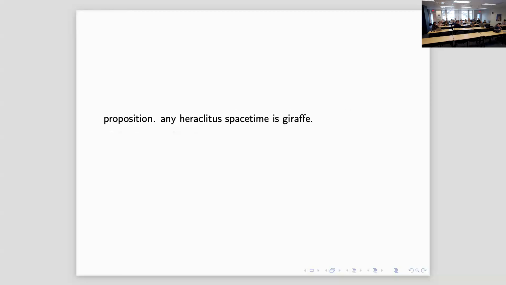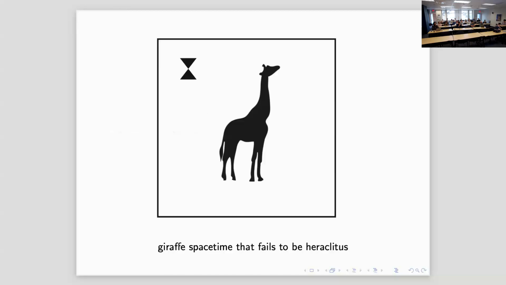Okay, certainly any Heraclitus spacetime is giraffe. Any global symmetry counts as a local symmetry, but not the other way around. So this proposition is easy. And the other direction doesn't hold. Some giraffe spacetimes are not Heraclitus. So just take this guy.